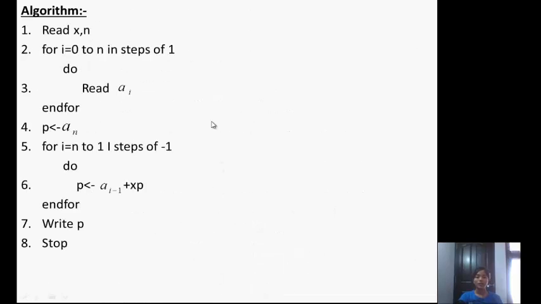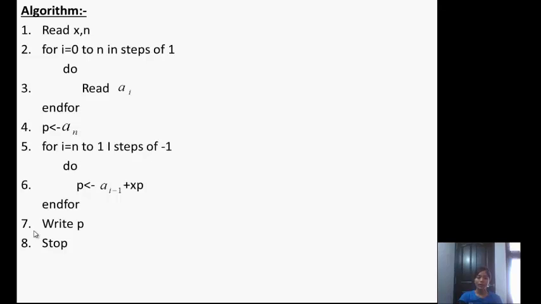Now the algorithm: first we have to read the values of x and n, and in the next step we apply a for loop from i equals 0 to n in steps of 1. In this way we can read our ai. Now our next step is to compute p as an, and after that we apply a for loop for i equals n to 1 in steps of -1.